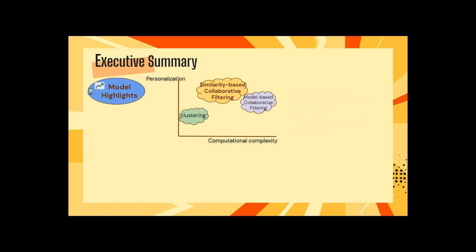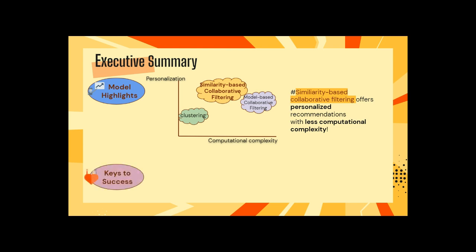So I found the similarity-based collaborative filtering offers the most personalized recommendations with less computational complexity. So it means fast. It will be beneficial for music streaming service companies as well as customers who use streaming services if the service provides customized recommendations, and better if it can offer real-time recommendations.